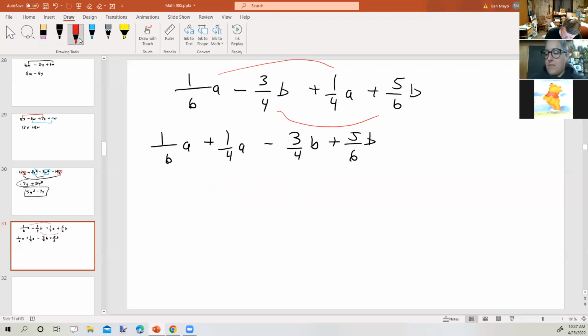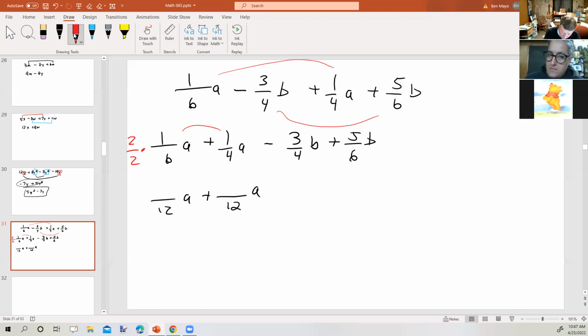So now, putting these together, the least common denominator of 6 and 4 is 12. So I'm going to multiply the 6 by 2 and the 1 by 2.